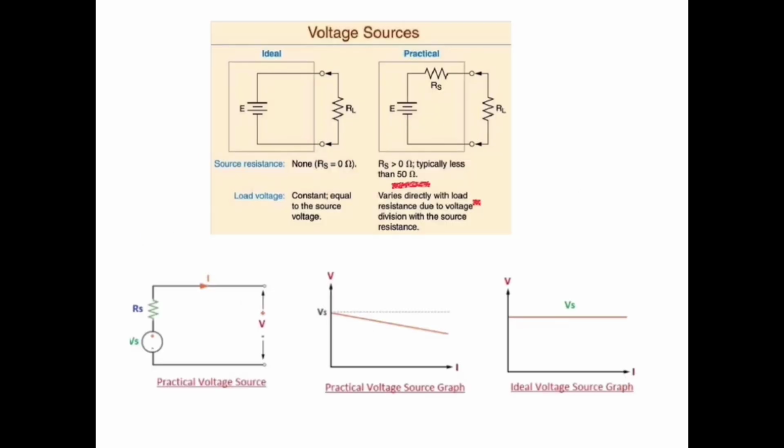Ideally, when we connect a voltage source to the load, there is no internal resistance, so we get a constant output equal to the source voltage. But practically there is a series resistance with the voltage source, and as a result there will be a variation in the voltage. The graph is shown here.